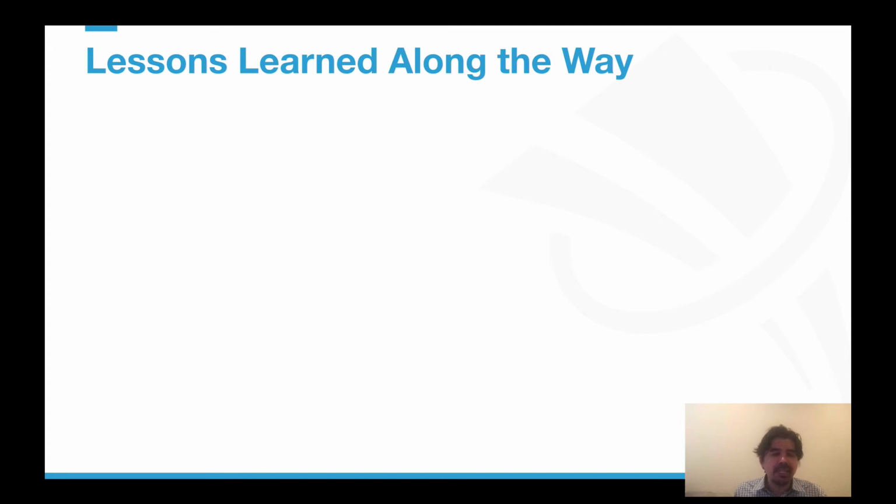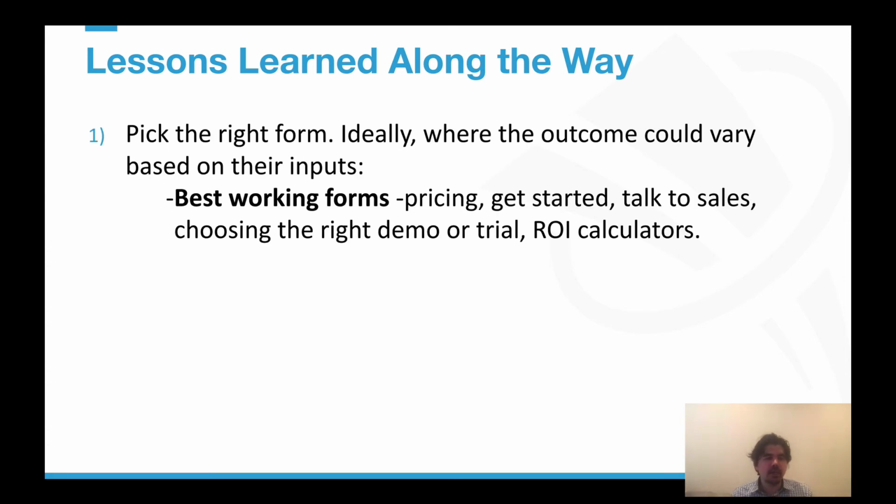Let's also talk about some lessons learned along the way from doing this with our clients. One is pick the right form. While this works across the board on most forms, certain forms are better suited for this type of approach, typically where the form's outcome could benefit from or vary based on their input. Things like pricing, get started, talk to sales, choosing the right demo, trial, or package to purchase, or ROI calculators.